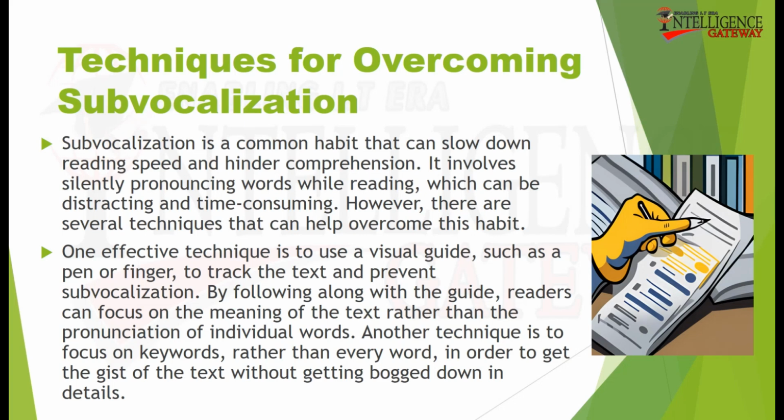One effective technique is to use a visual guide, such as a pen or finger, to track the text and prevent subvocalization. By following along with the guide, readers can focus on the meaning of the text rather than the pronunciation of individual words. Another technique is to focus on keywords rather than every word, in order to get the gist of the text without getting bogged down in details.